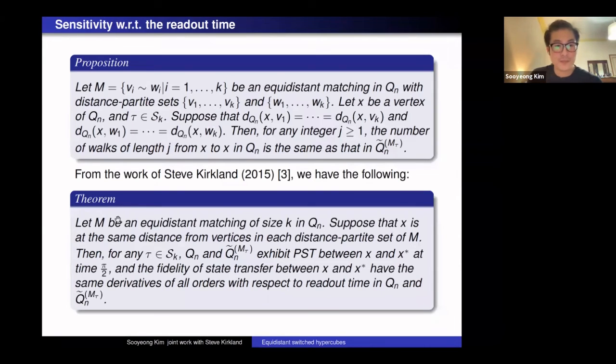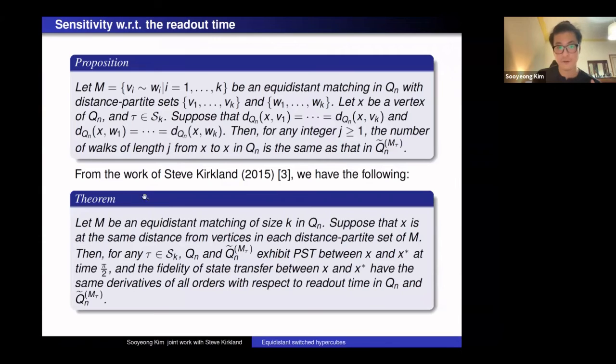This theorem here is about the sensitivity with respect to readout time. It says that the hypercube and the equidistant switched hypercube both have the same derivatives of the fidelity with respect to readout time, which means they have the same sensitivities.